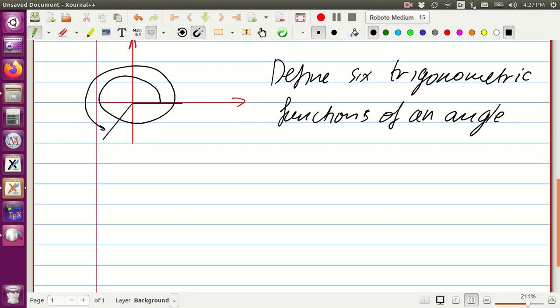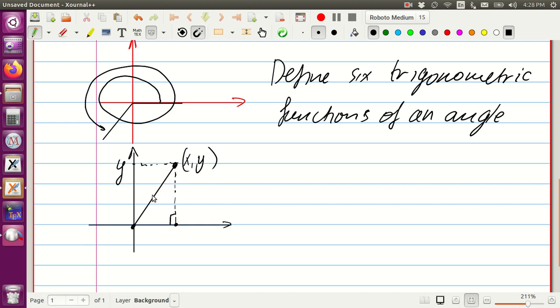There are many different ways to do it. Probably in school they define it a little bit differently for you, but we can think of it like this. We take some point in the xy plane, and a point in the xy plane is always defined by two coordinates, x and y, but we're also going to introduce the length of this side, r, and I will explain why it's r in the future.